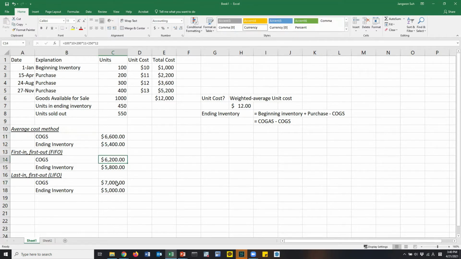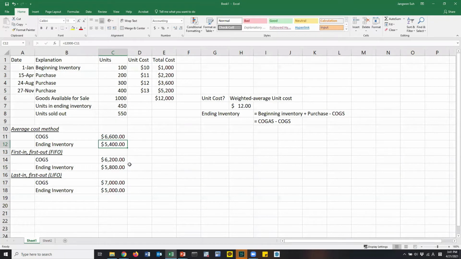Cost of goods sold is the highest on the LIFO. As a result, the ending inventory is the lowest on the LIFO. On the other extreme, FIFO results in the lowest cost of goods sold and the highest ending inventory.